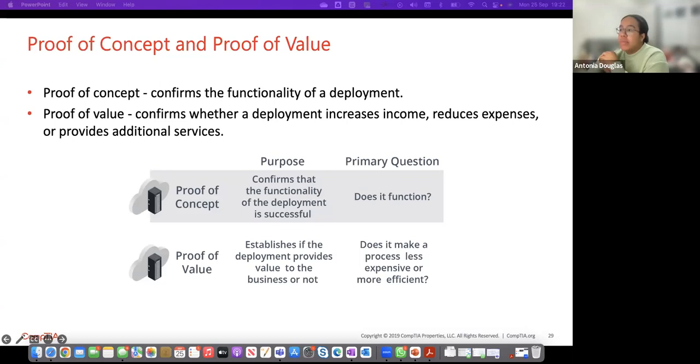So proof of concept and proof of value. So I think we've run through this so many times now. Ultimately, proof of concept confirms the functionality of the deployment is successful. So for example, proof of concept for a cloud service migration.